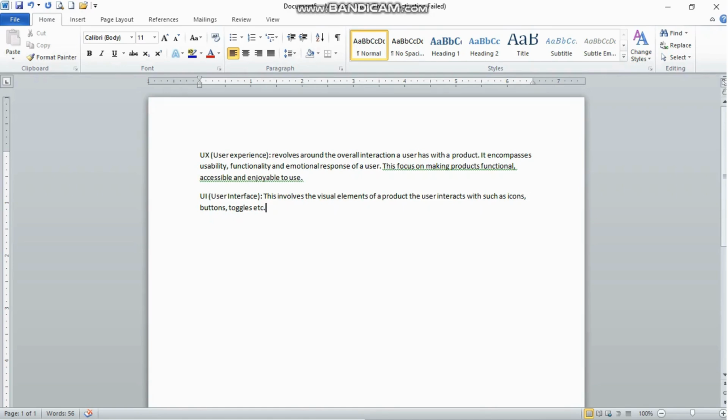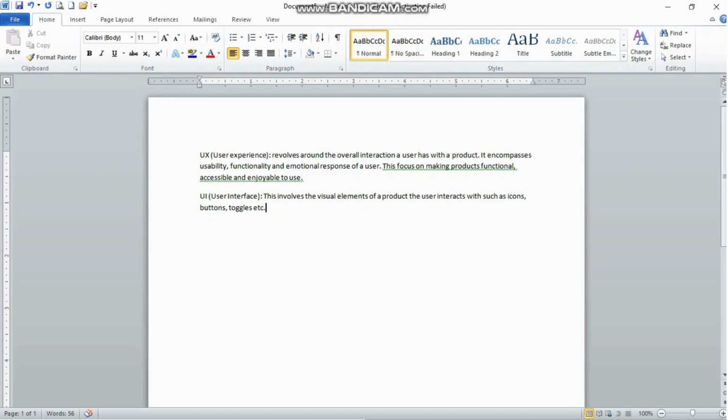Now, the user experience involves the overall interaction, right, of a product. The overall interaction a user has with the product. How will the product be used by the user? What are the solutions the product will provide to the user? What functionality will this product have, right?